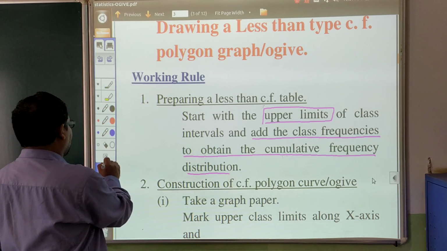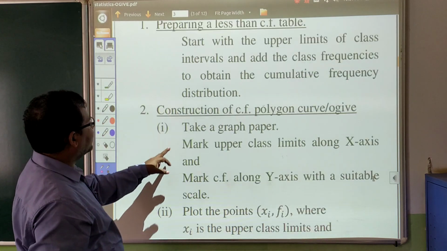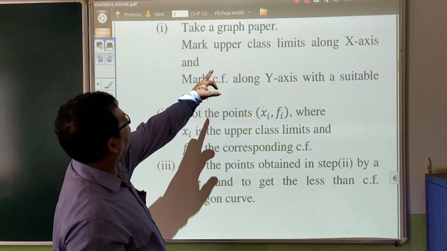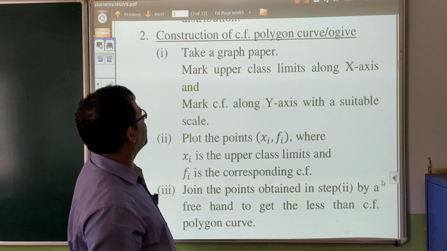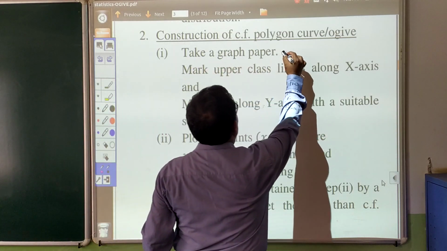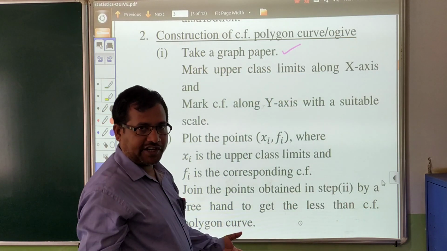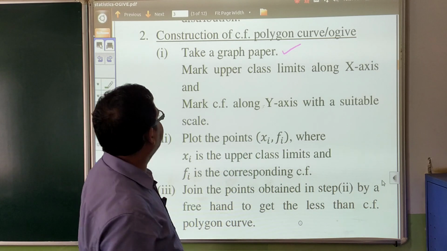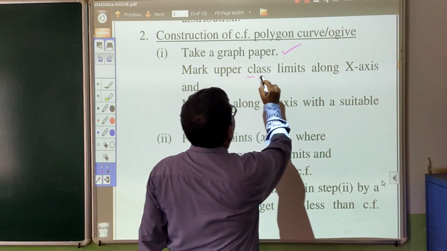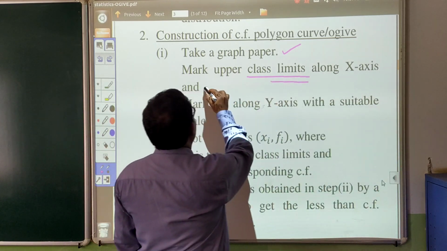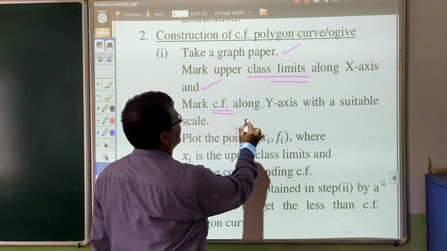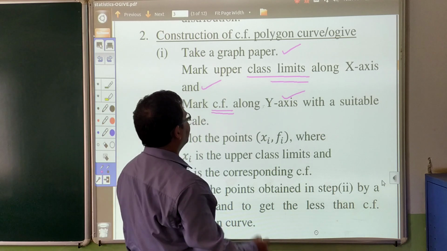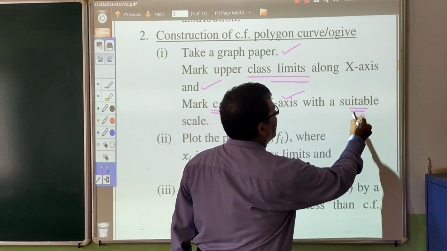Now we will discuss the second part, that is construction of cumulative frequency polygon or OGIVE. Take a graph paper, because we need a graph paper to draw the curve. Mark upper class limits along x-axis and cumulative frequency along y-axis with suitable scale.